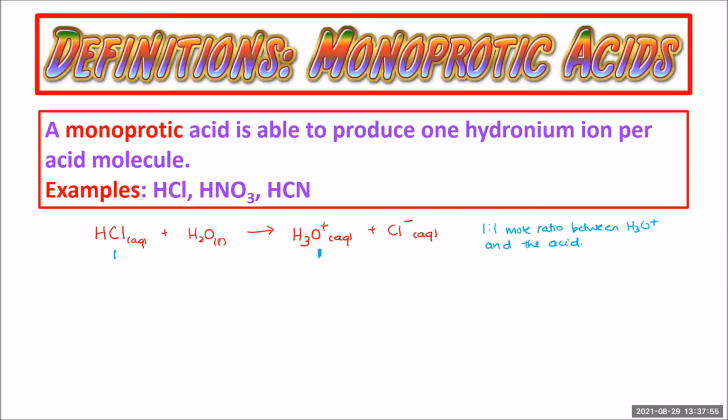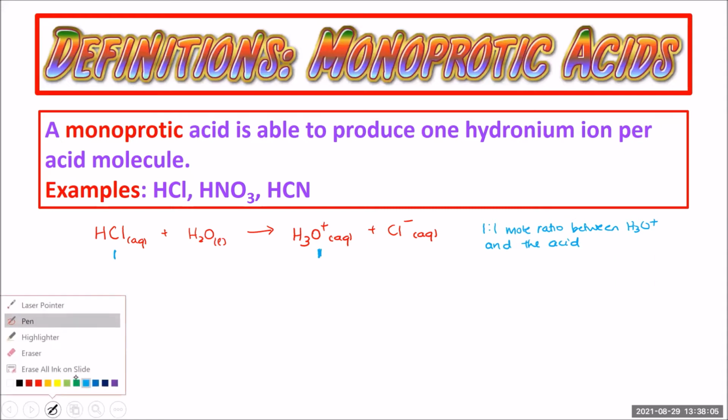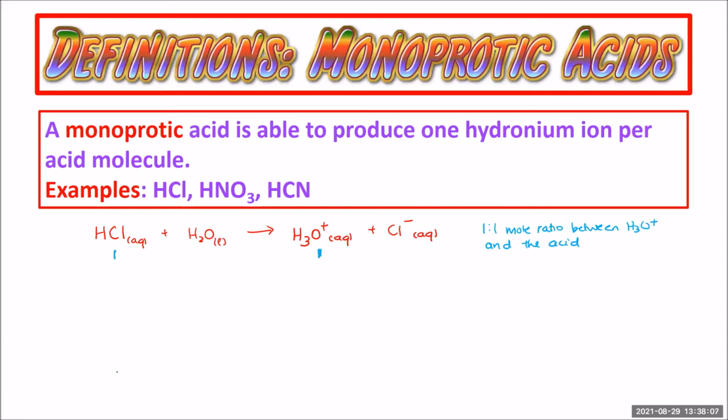Now, I want you to pause the video and have a go at writing an ionization equation for nitric acid. We'll be back with the answer in a minute. Okay, nitric acid. All acids are aqueous. We're going to add water. Nitric acid is a strong acid, so we use the full arrow.